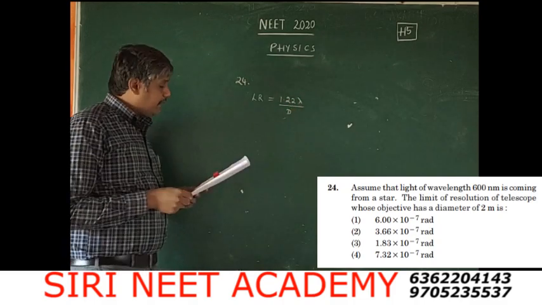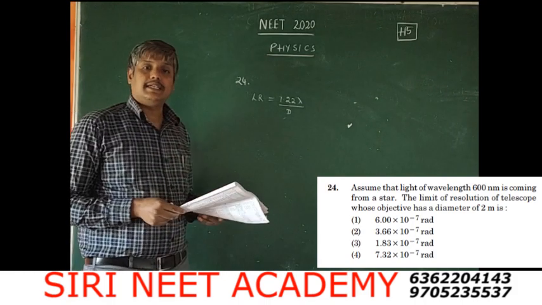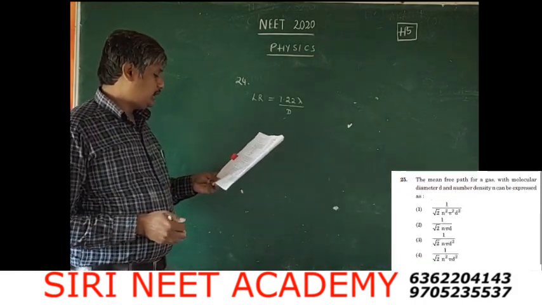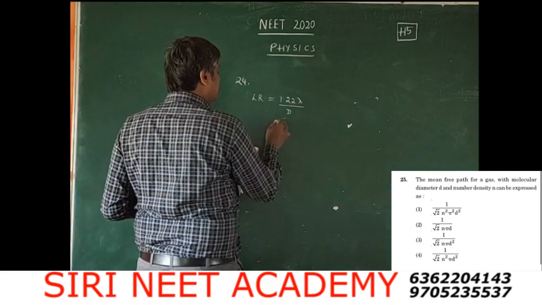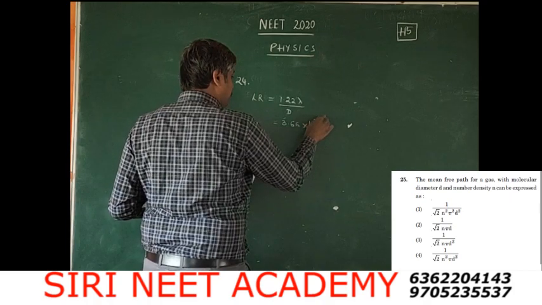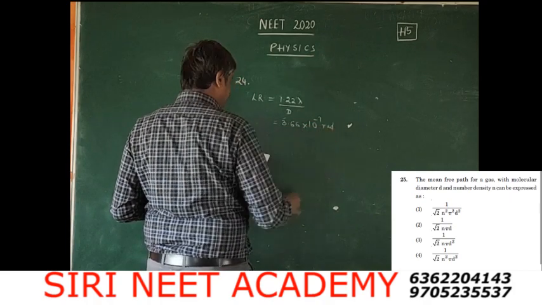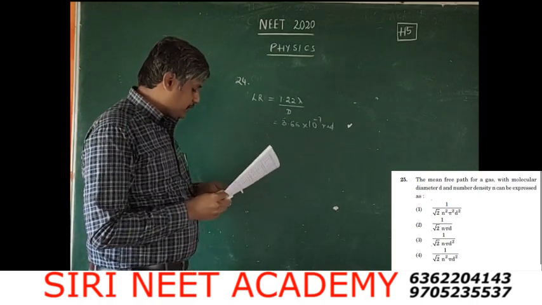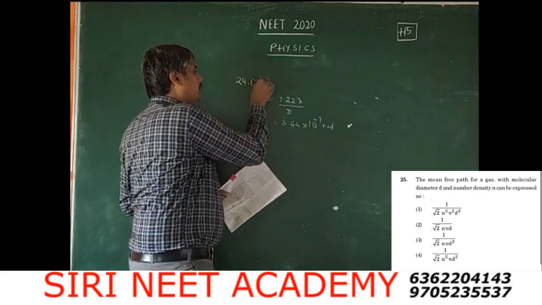On substituting lambda is equal to 600 nanometer and d 2 meter, the answer turns out to be 3.66 into 10 to the power minus 7 radian. And d is the diameter of the objective. Option corresponding to it will be second option.